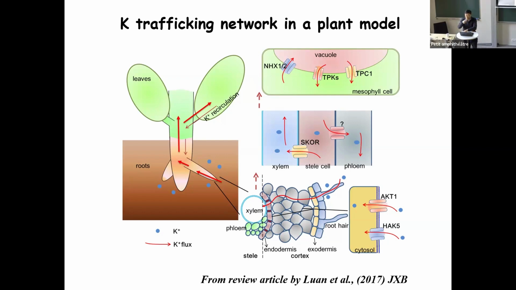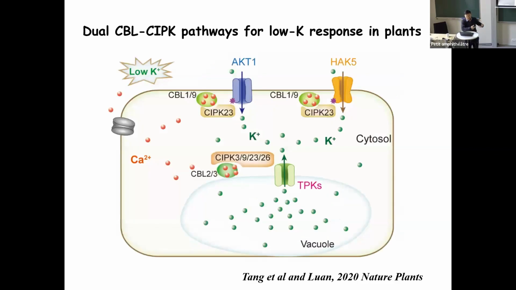I'm not going to go through the 20 years of work, right? So just to show you the summary, what I mean by the calcium CBL-CIPK pathway regulating the low potassium response in plants. With low potassium, there's an activation of a calcium channel.